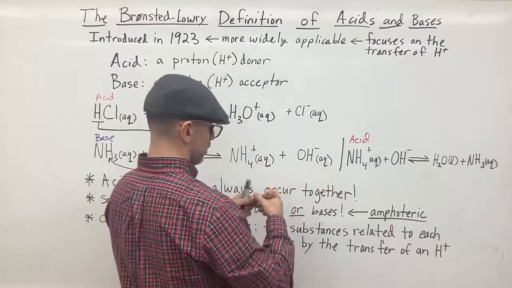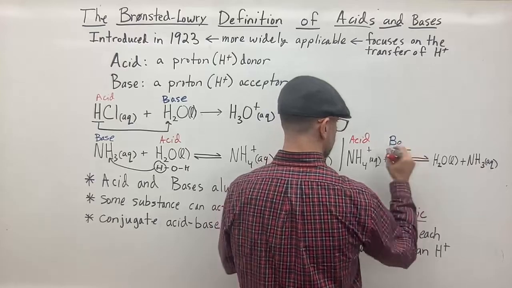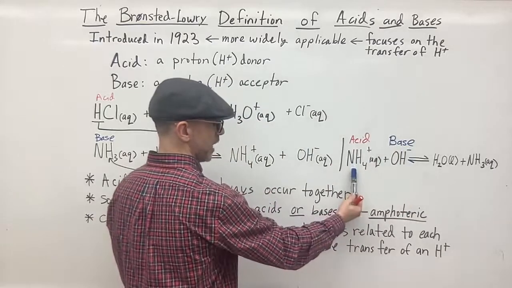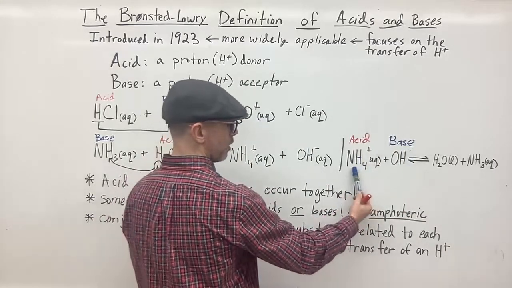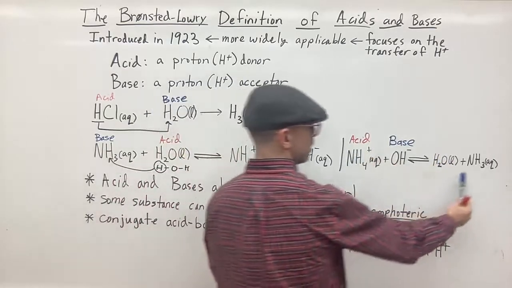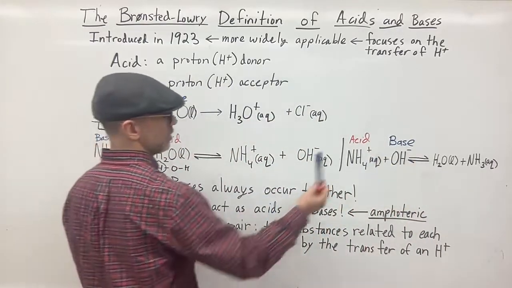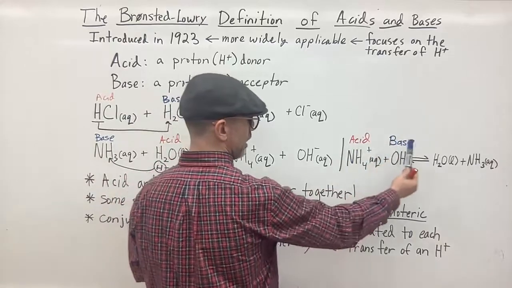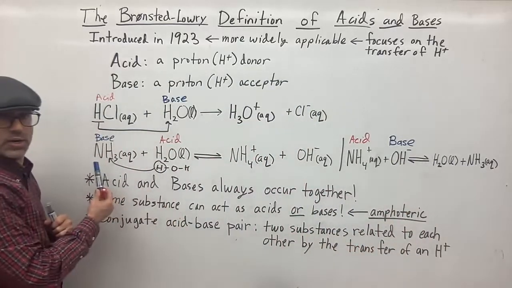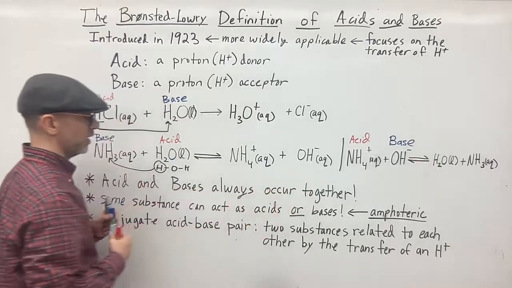So then this OH minus is our base because the hydroxide ion is going to accept a proton or H plus from the ammonium, and that's going to form liquid water, and then we're going to get the NH3, the ammonia, left over. So now you can see here that this is the acid and this is the base that's reacting to form these products. And over here you have, this is the base and this is the acid forming these products.